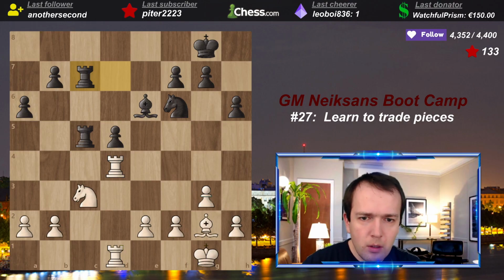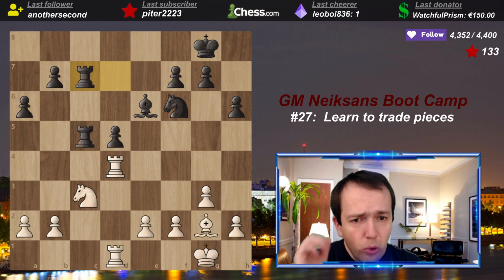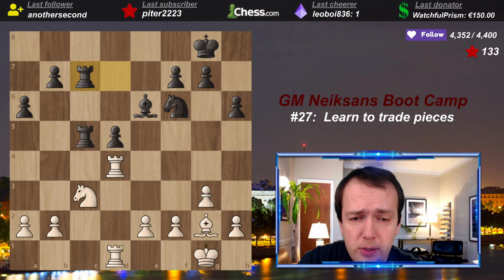I wanted to show you more examples. My next rule is that normally, when you're trading pieces, you are trading bad pieces for good ones. So what's a bad piece?